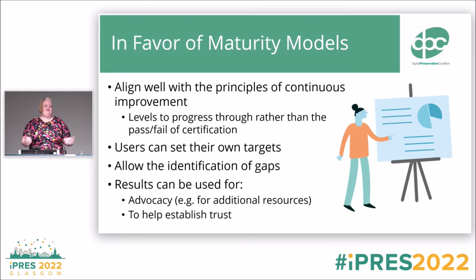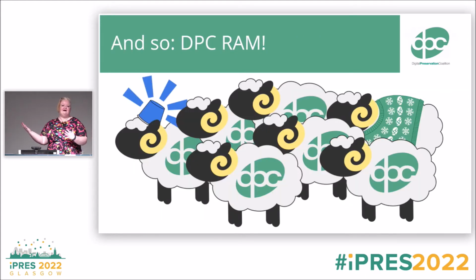And they produce great results as well that can be used for things like advocacy for additional resources or helping to establish trust in our capability to do digital preservation work. And so those are the main reasons that we have created DPC RAM. Hopefully after today you'll find it's a really useful resource and be keen to look at using it.